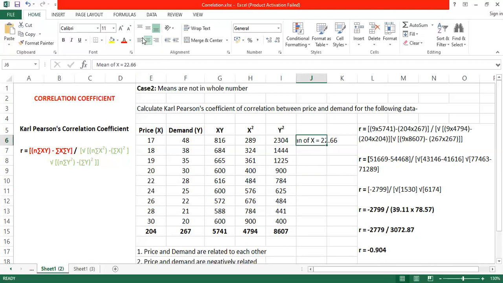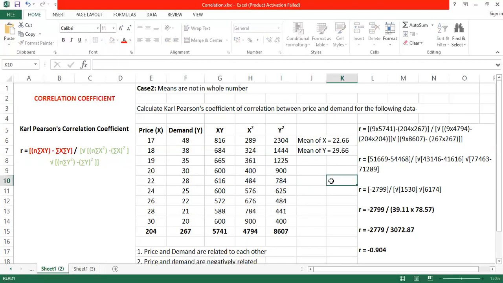Fine. Similarly, if we calculate mean of y, it is 267 divided by 9. So it is 29.66.